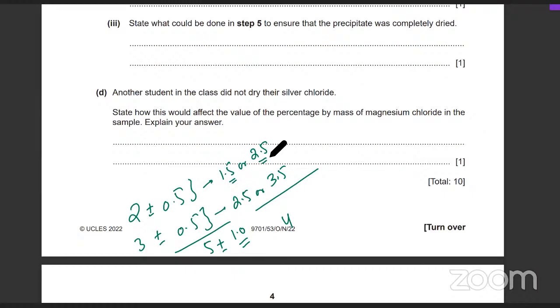And what's the maximum value I can get? That's 2.5 plus 3.5. That's going to give me 6. So my value ranges from 4 to 6 now, right? That's exactly what I'm getting. It's basically 2 plus 3, that's 5, with an error of 1 now, which means it could be 6, it could be 4 as well, or it could be anything in between. So do you see how the error is getting added up in your final value?